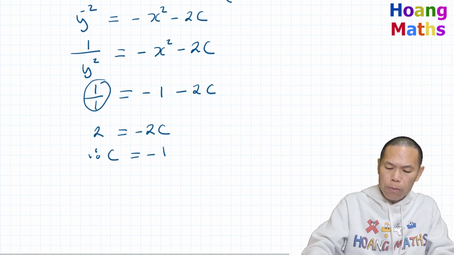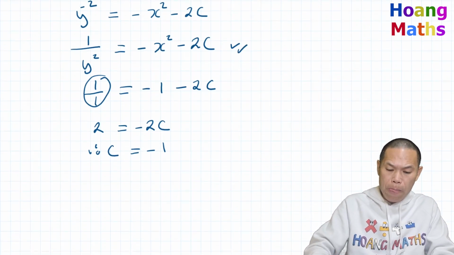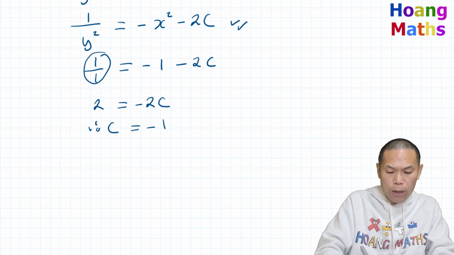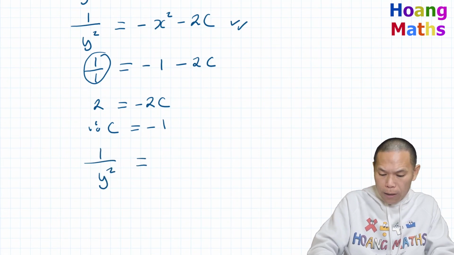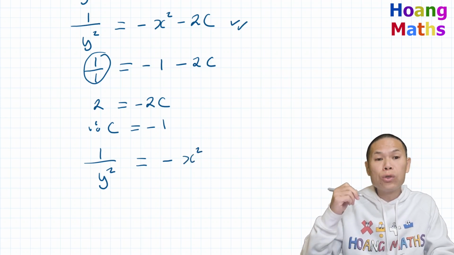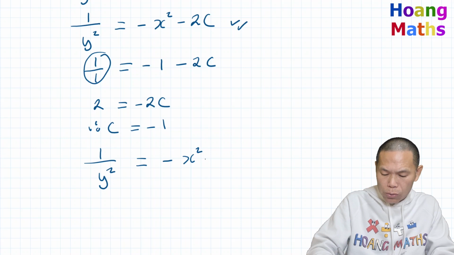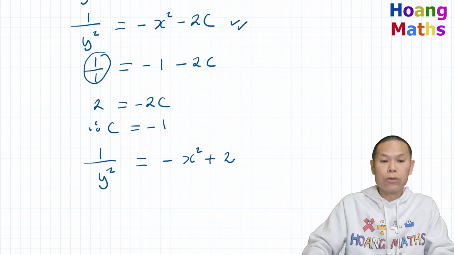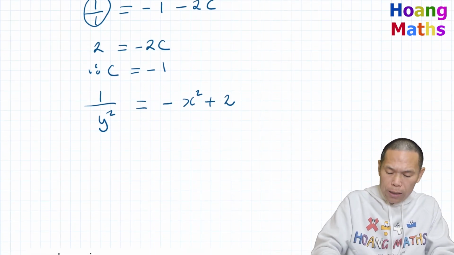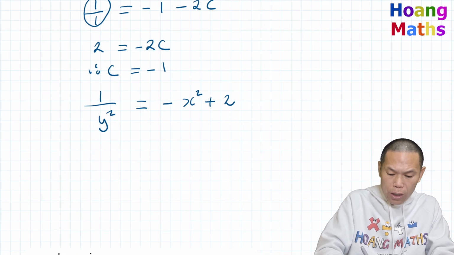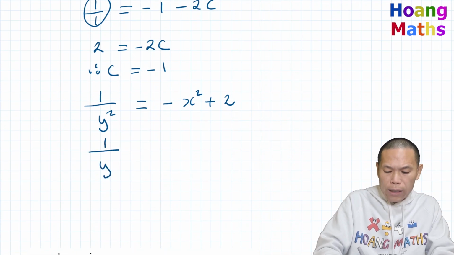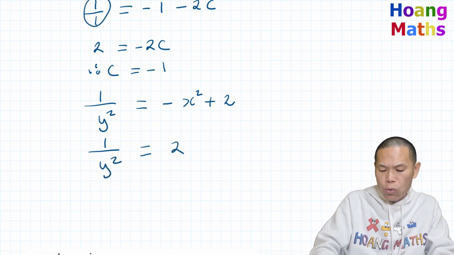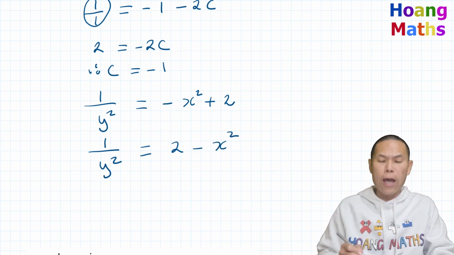So now put it back into this equation here, that's the function if you wish. 1 over y squared is negative x squared. Now negative 2 times negative 1 gives me plus 2. So there you go. Let me rewrite this and make it positive in the front. So 1 over y squared is the same as 2 minus x squared.